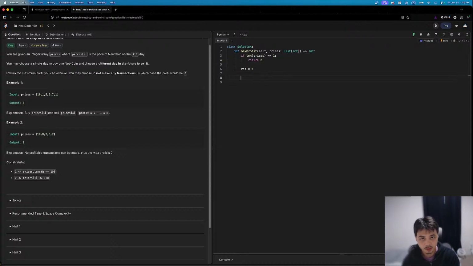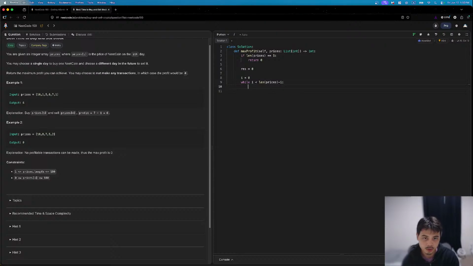Okay, now here, i is equal to 0, while i is less than length prices minus 1.